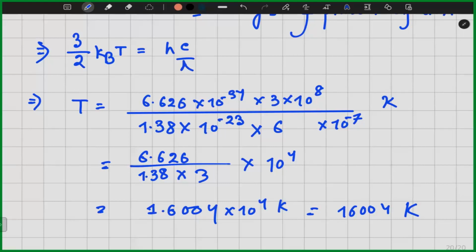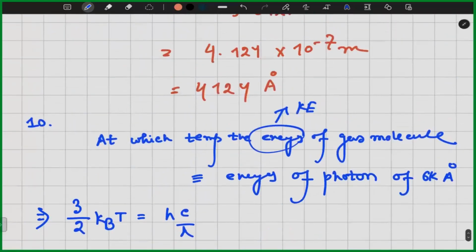If we want to give a gas molecule the same energy in terms of kinetic energy, then we have to increase the temperature up to 16,000 Kelvin. So it's terrible. Okay. Question number 10 it was. Next, question number 11.